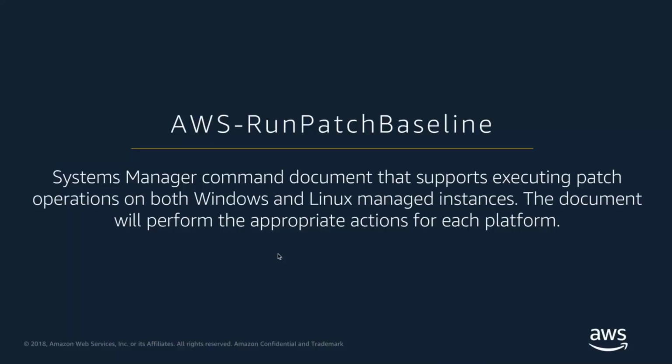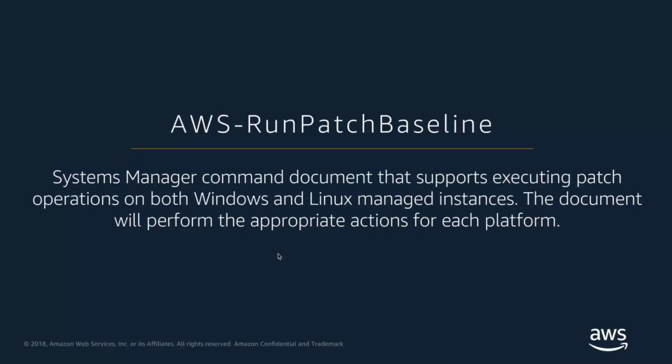So, this is the default document that we use for patch management, but this is certainly not where you have to stop. A lot of organizations find that they might have custom requirements that they need to implement inside of their patch management lifecycle, whether that be detaching instances from a load balancer or all sorts of different things that they might want to do.